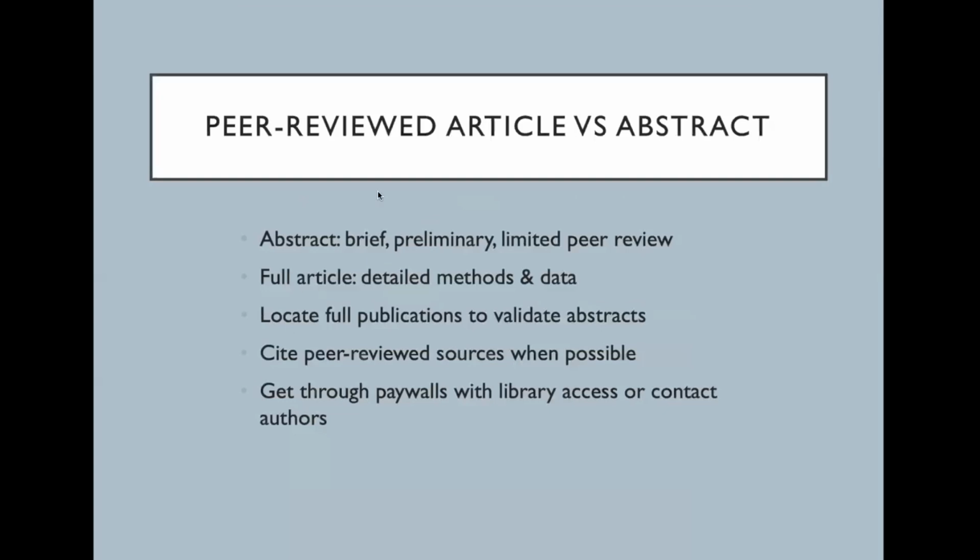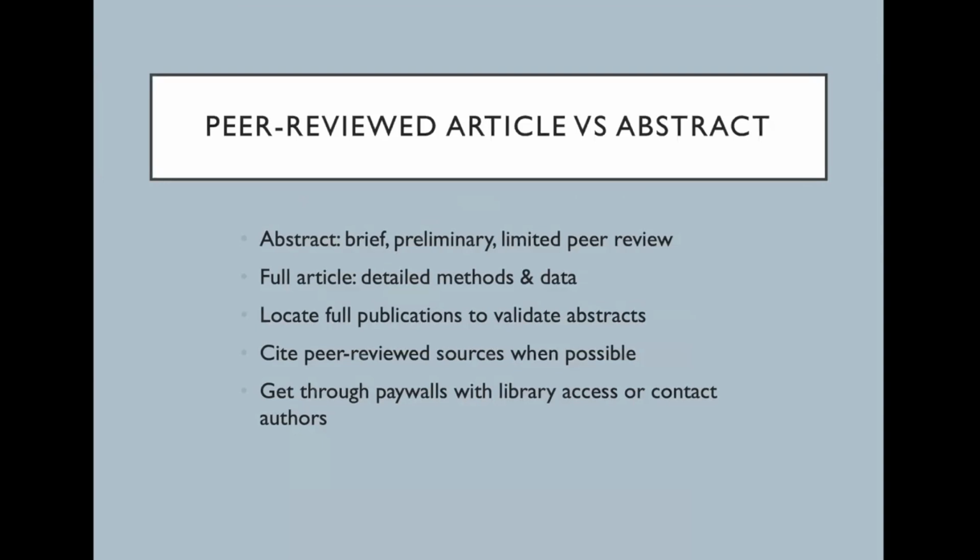All right, so peer reviewed articles versus abstracts. This is an important distinction because you'll find in lots of these databases that abstracts and conference presentations will be available. Abstracts are brief, preliminary, limited studies that are not necessarily peer reviewed. They are typically small snippets of studies that have been completed or are almost complete and are used to present at a conference, but they're not peer reviewed.